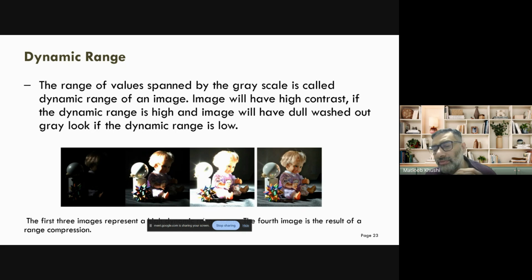Now it's gonna be very domain specific. What exactly this means? Whether you want to just have the image look visually good, or your purpose was to do the quantification.